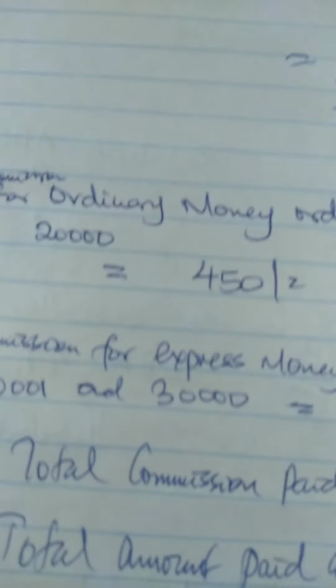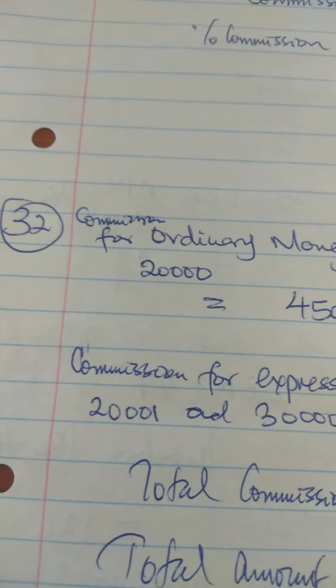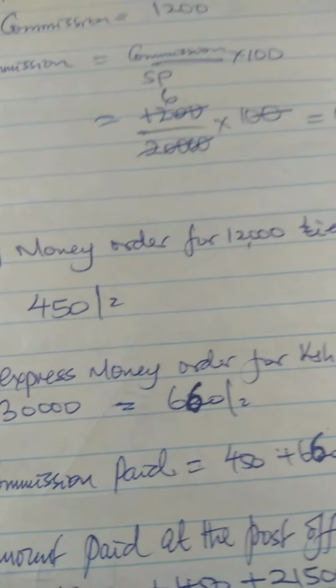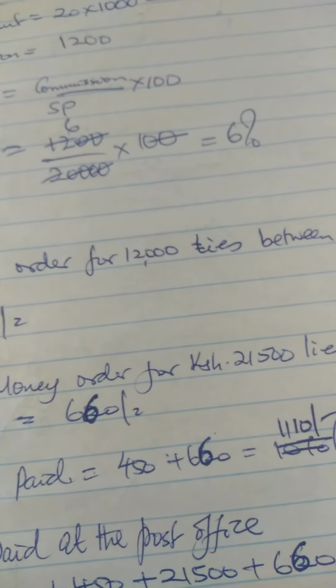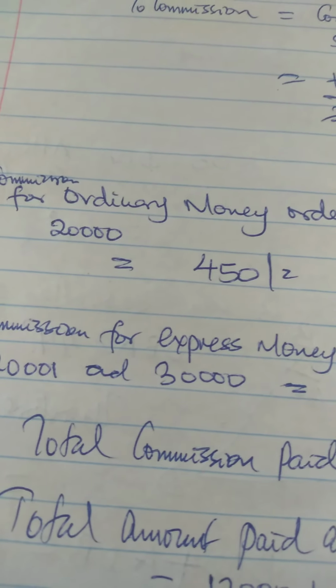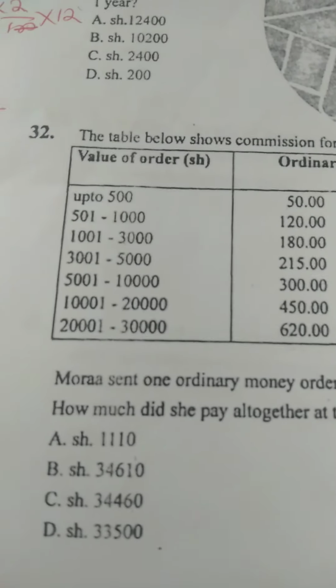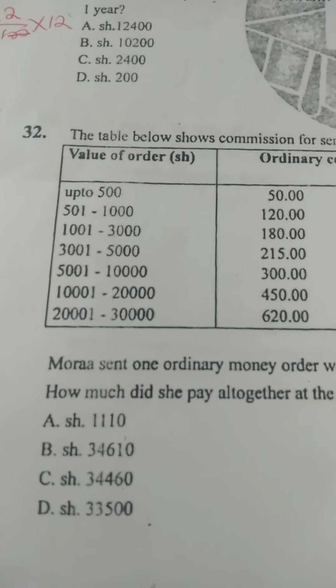To work that out, we say for an ordinary money order for 12,000, it lies between 10,000 and 20,000, and that cost is 450. 10,000 to 20,000 is 450 for an ordinary money order.